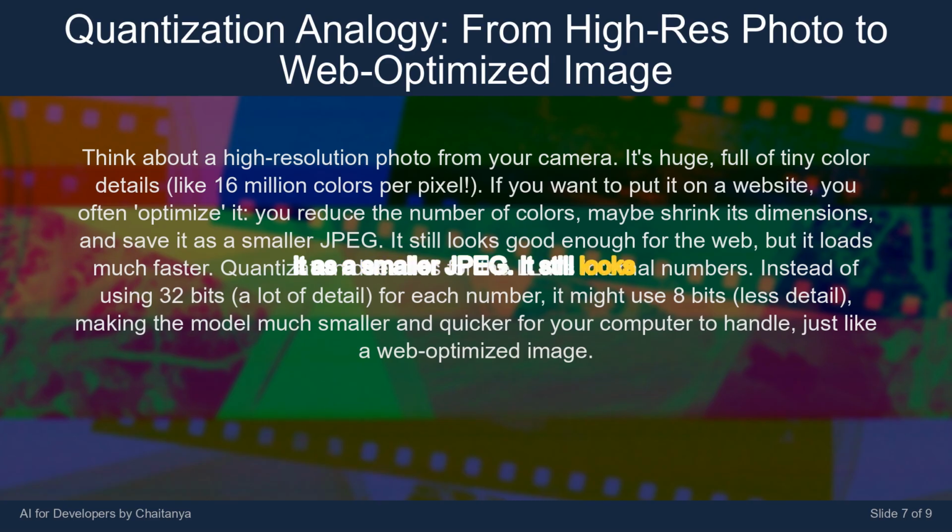It still looks good enough for the web, but it loads much faster. Quantization does this for the LLM's internal numbers. Instead of using 32 bits, a lot of detail, for each number, it might use 8 bits, less detail, making the model much smaller and quicker for your computer to handle, just like a web-optimized image.